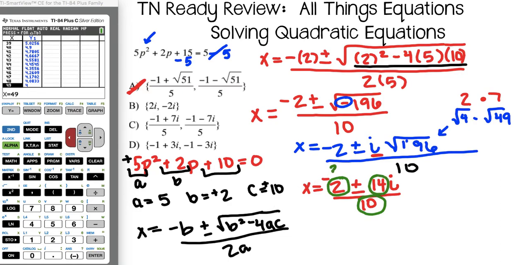Because I know that this is 2 times 1, and this is 2 times 7, and this is 2 times 5. So if I divide by 2, I'm left with x is equal to negative 1 plus or minus 7i over 5. So I'm going to look at my answer choices, and I see that C is my correct answer choice.